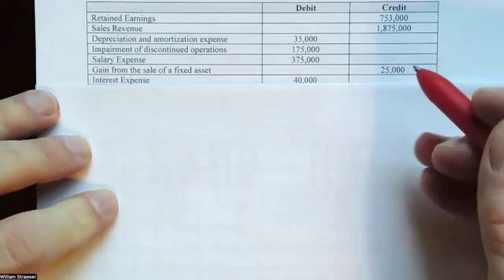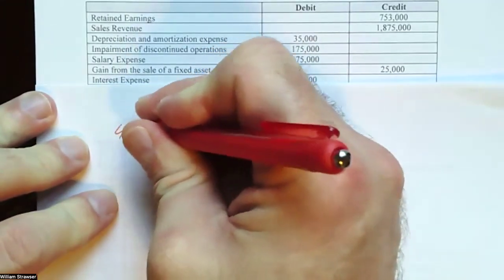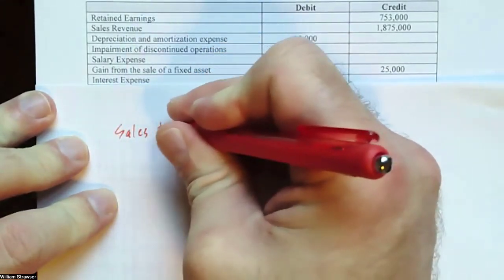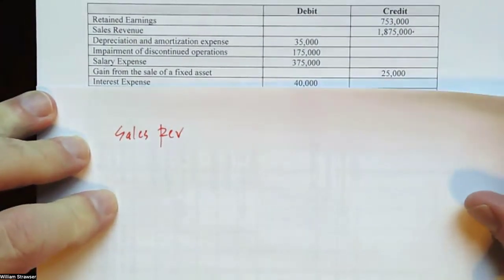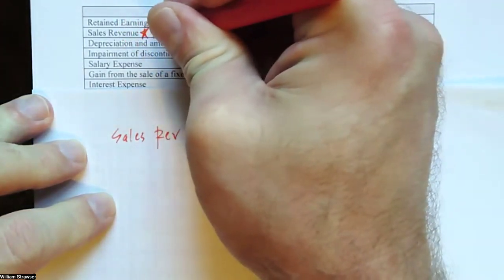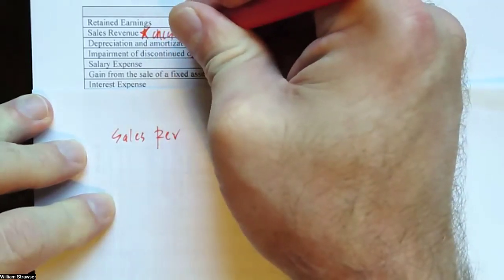All right, so the first thing we got is sales revenue, and that's always at the very top of our income statement. Here it's 1,875,000. One thing I want you to check, always, if you get a sales revenue figure, is to make sure you check for contra accounts, contra revenue accounts in particular.